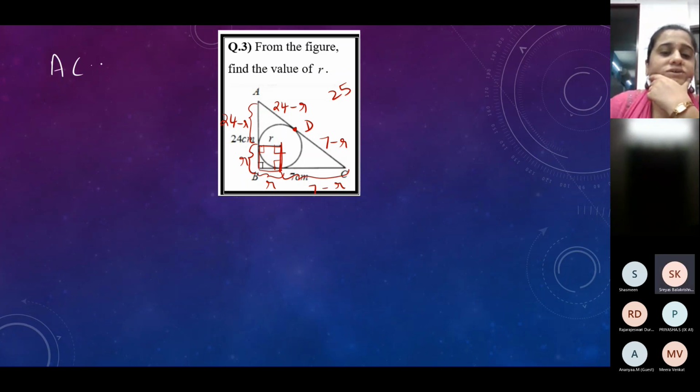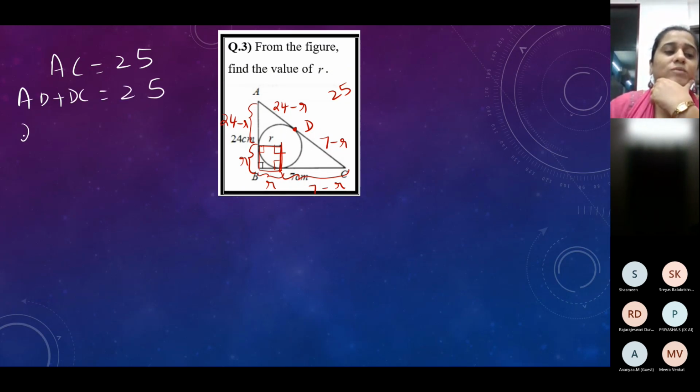AC is equal to 25. AD plus DC is equal to 25. AD is 24 minus R and DC is 7 minus R, equal to 25.